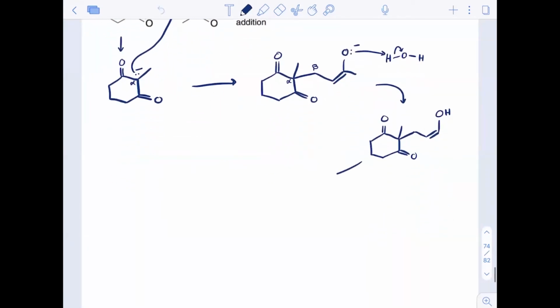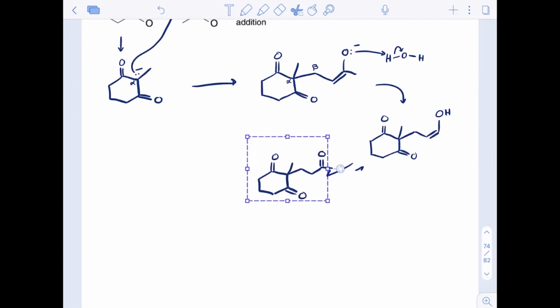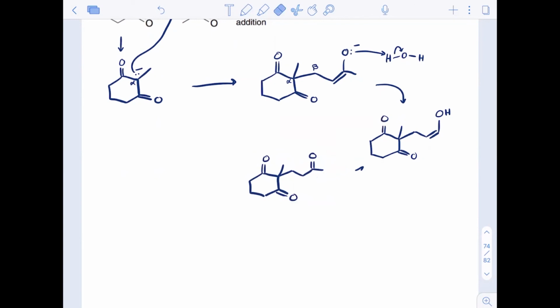Again, I'll just show tautomerization occurring. It is base catalyzed here, which is A-OK. Spread that out a little bit. All right, so there is our Michael addition product.